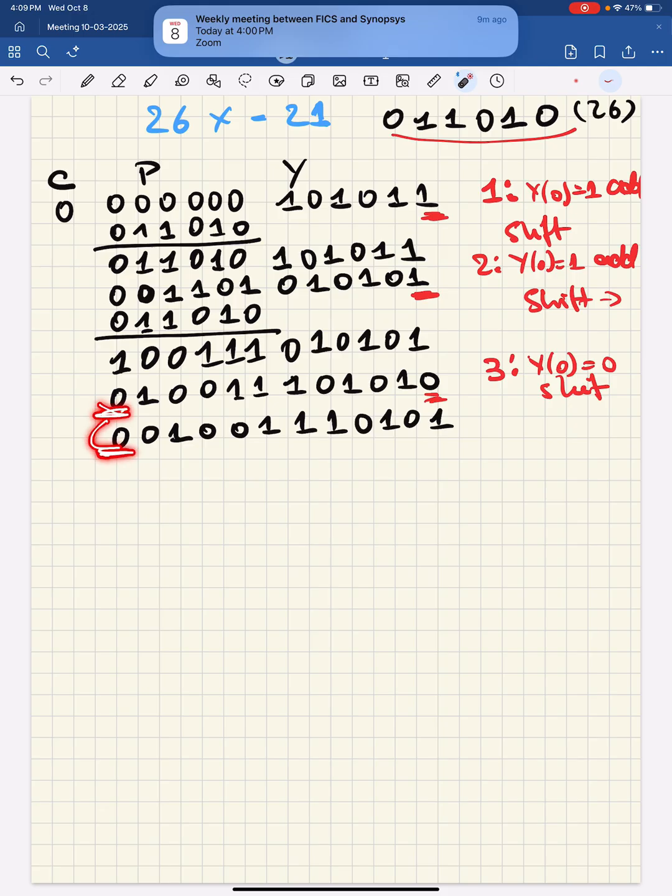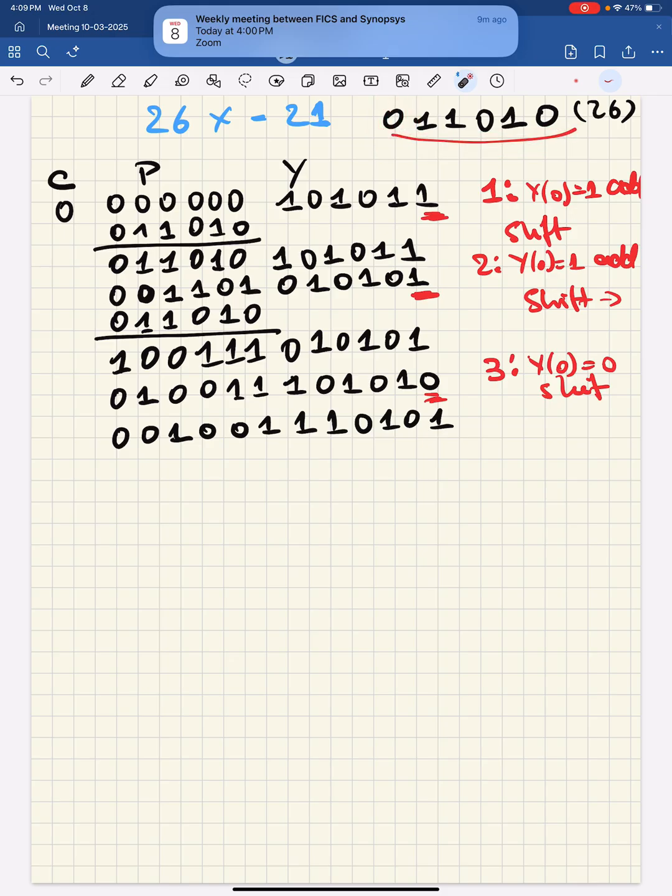Why am I doing that? Because we don't have an overflow, so the register C has no overflow, but the number x is a positive number, and therefore we have to preserve the sign, which is 0. So whenever we shift, the 0 here will also be shifted with this number.